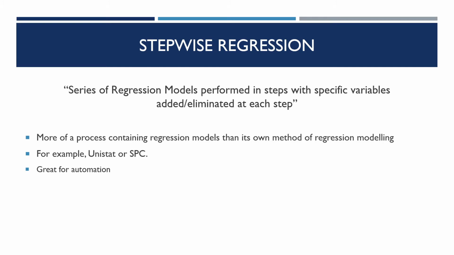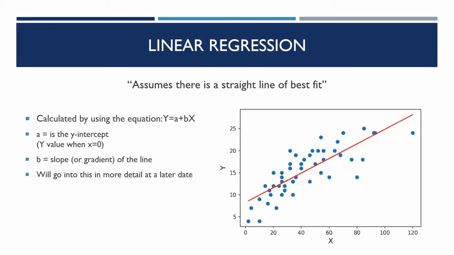So the first one of these is stepwise regression. And these are a series of regression models performed in steps with specific variables added or eliminated at each step. It's essentially like creating a process of the top 3.